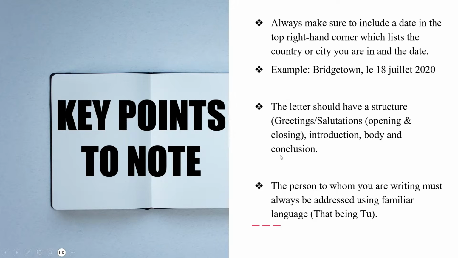And lastly, the person to whom you are writing must always be addressed using familiar language, that being tu. Only if you are writing a letter to a group of persons or more than one person would you use something like vous. But generally, you are writing a letter to one person, so you are going to use tu in your letter writing, all right?